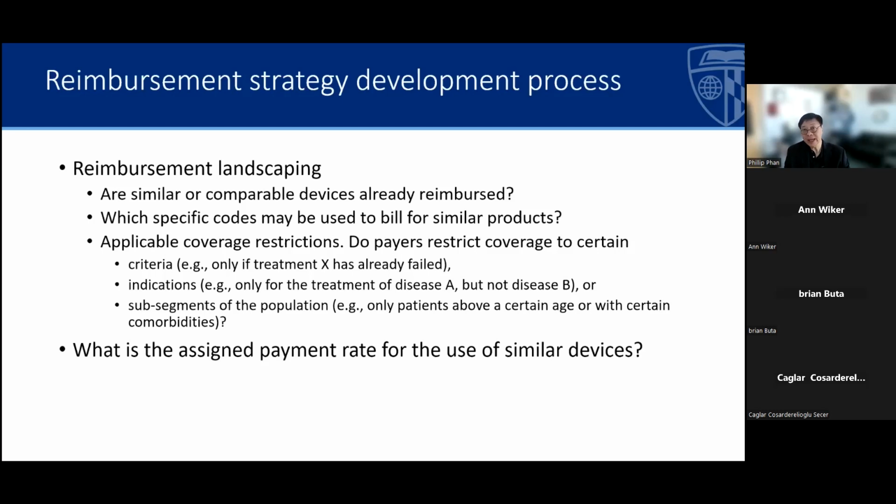What you will find oftentimes is there might be multiple codes that provide coverage with different payment rates. You want to make sure that you understand what all of these codes are actually saying. Knowing that there are different rates matters, because sometimes you can stack your codes, meaning you can claim under several codes and add up these payment rates. Code stacking may or may not be allowed under specific codes, so that's something to be aware of.